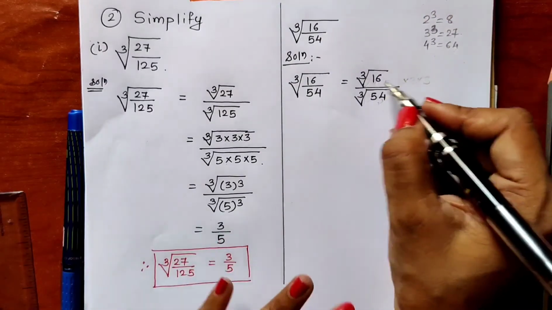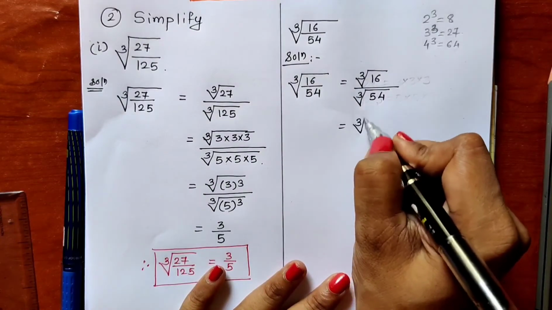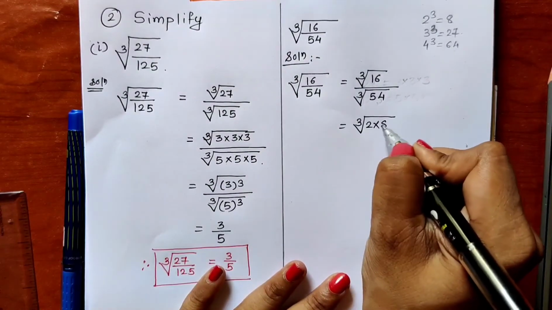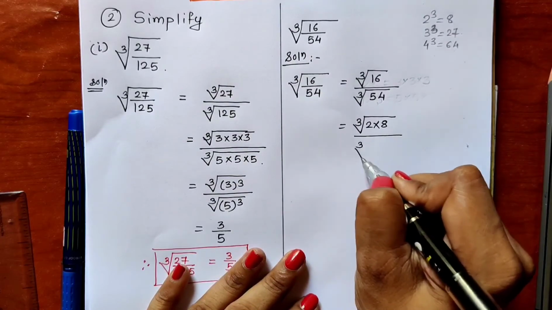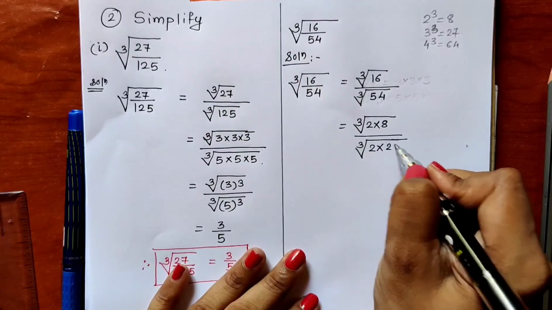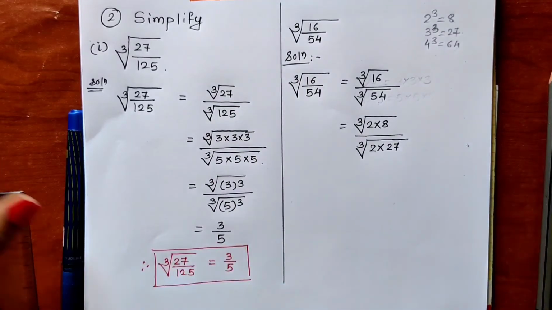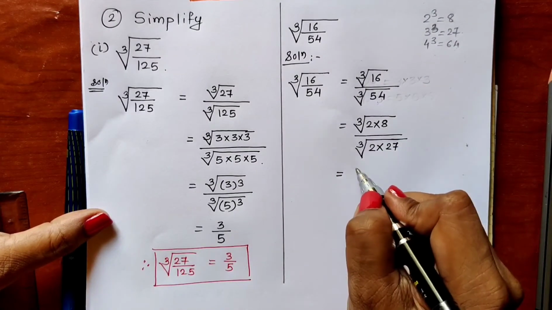So how to write this? This 16 can be written as 2 into 8, 2 8s are 16. And 54 can be written as 2 into 27, 2 27s are 54. Okay. So we will do it separately here.